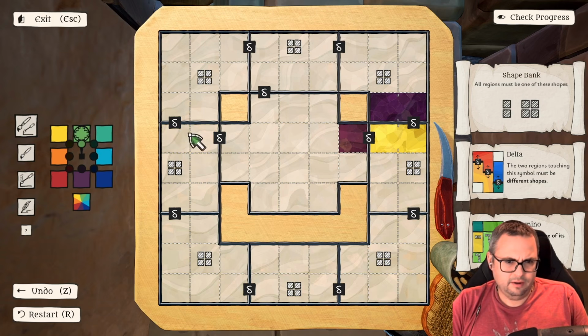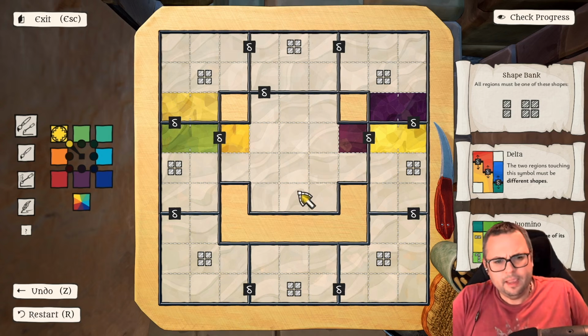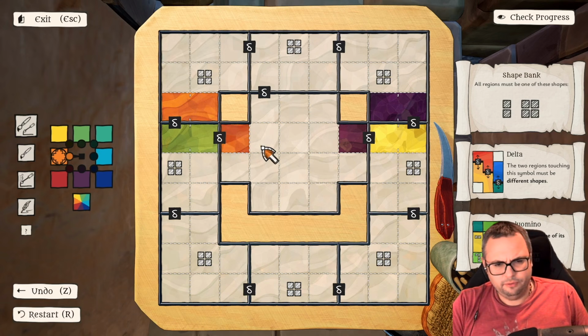And over here we've got yellow like that. And remember, we proved that those had to connect. Sorry, yellow was a poor choice. I could have picked any other color. Make these orange. Okay.